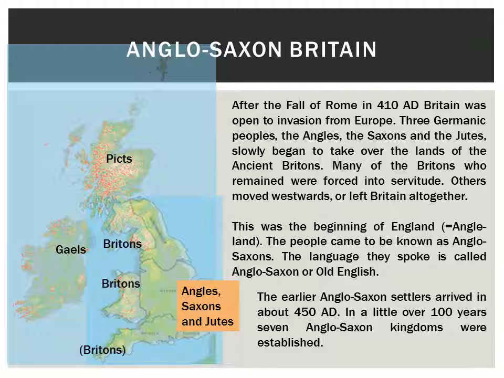And the Celtic peoples were pushed into the more mountainous areas here and here. These more mountainous areas mostly remained in control by the ancient Britons or the Celtic people of one kind or another. And of course Ireland. The Anglo-Saxons never got as far as Ireland.